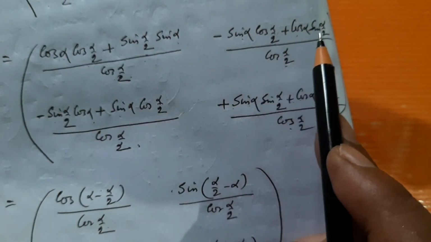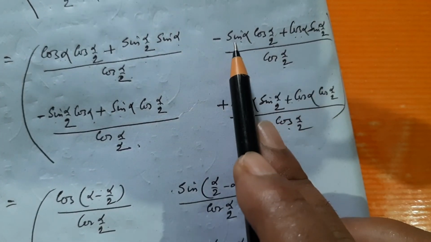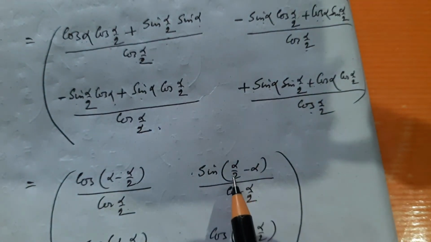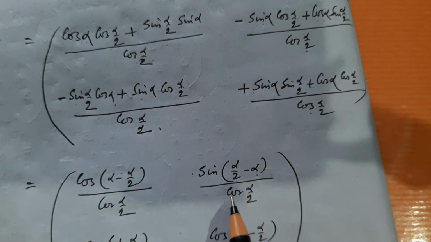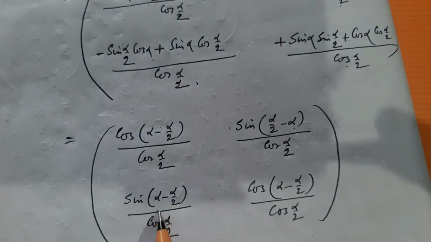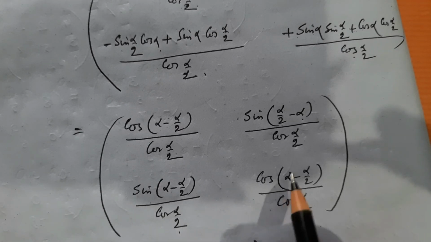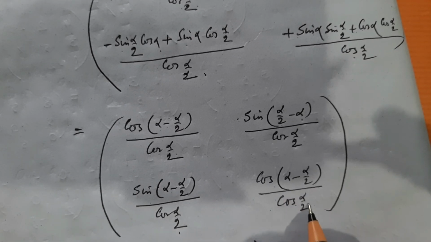Here sin alpha by 2 cos alpha minus sin alpha cos alpha by 2, we get sin of A minus B, that is sin of alpha by 2 minus alpha, by cos alpha by 2. Similarly, we get sin of alpha minus alpha by 2, by cos alpha by 2, and cos of alpha minus alpha by 2, by cos alpha by 2.